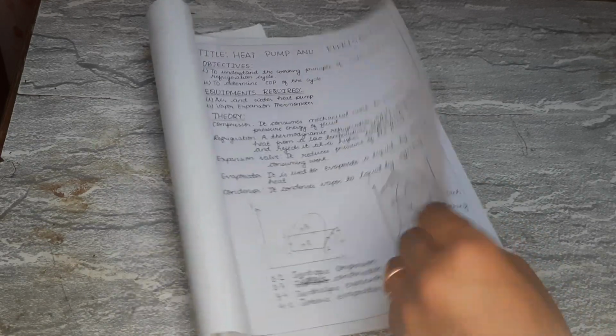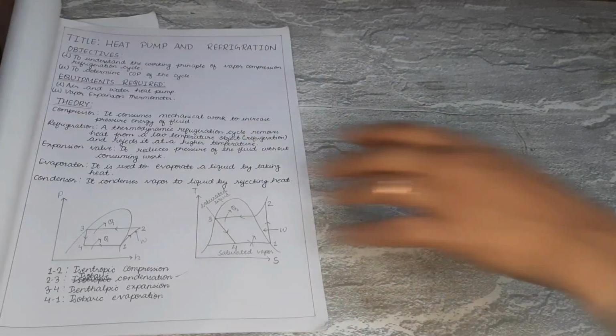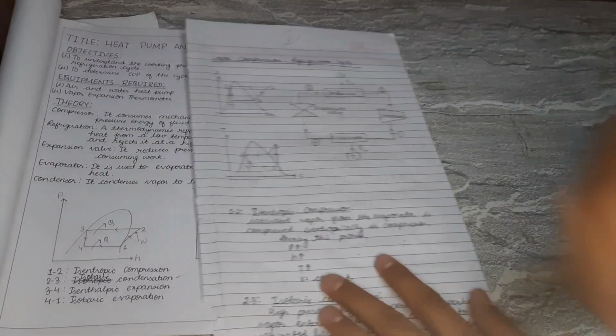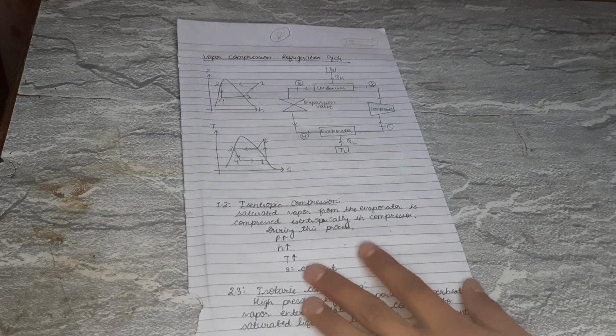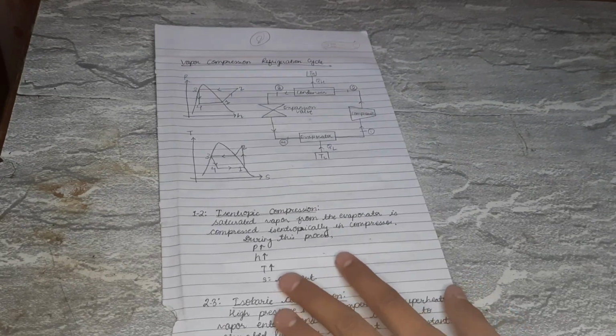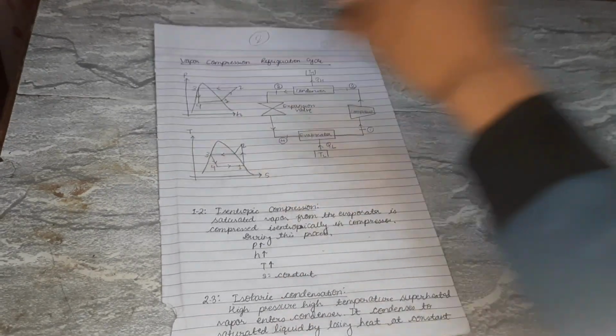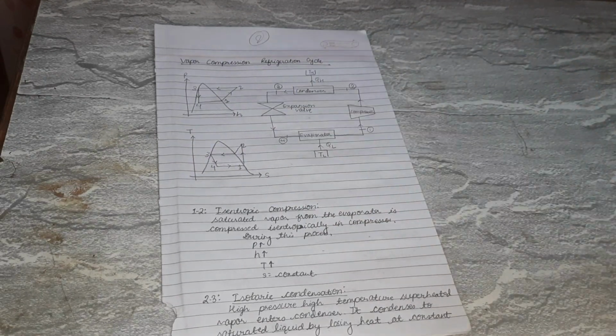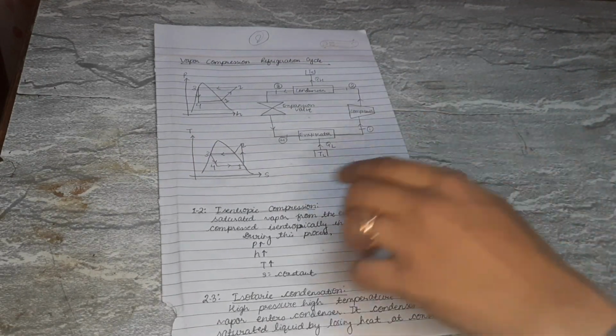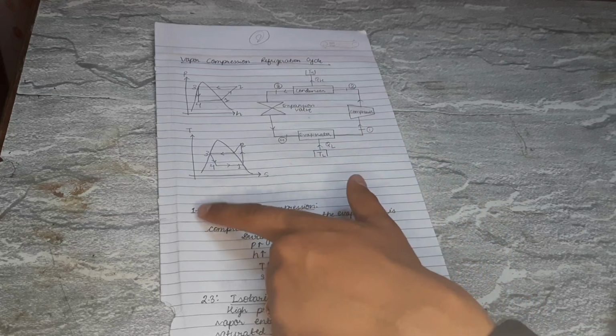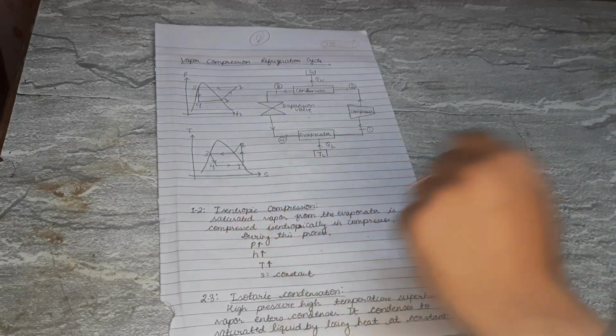To be more clear, I'm going to show you the theory of this practical. If we understand this, it will be clearer to us. So the experiment or the topic is the vapor compression refrigeration cycle. I said earlier that the process 1 to 2 is isentropic compression.